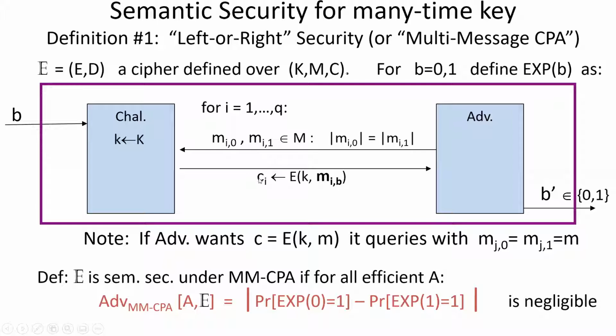However, if he does want to see for sure an encryption of some message, he just makes one of these pairs in such a way that the left and the right are the same. And then he knows exactly what the ciphertext is of, because it's independent of this bit if the two messages are the same, right? So it captures the chosen plaintext attack, but basically what it captures is that you get to see traffic, encrypted traffic.